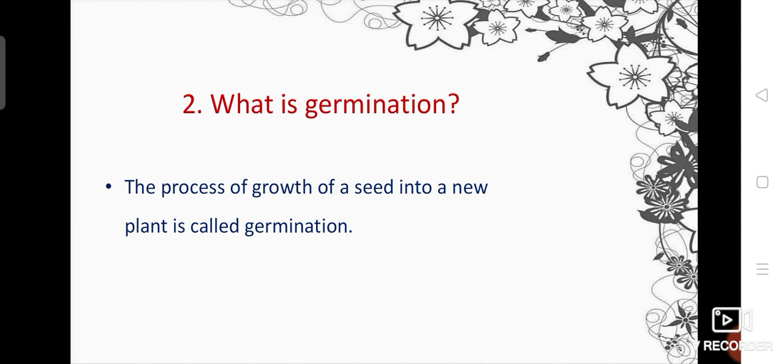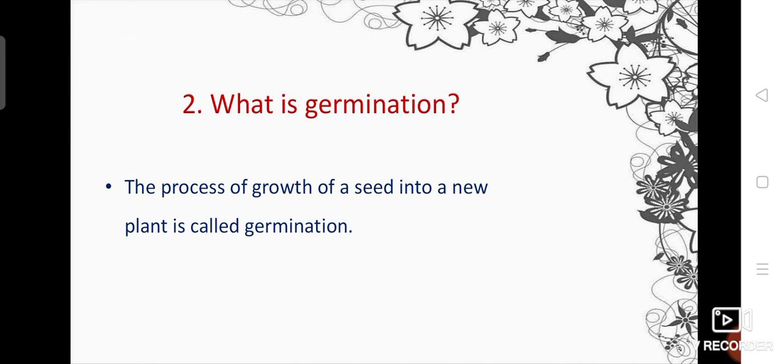Next one, what is germination? I told you we see this word in that vocabulary, isn't it? It is also one of the processes. What is germination? The process of growth of a seed into a new plant is called germination.